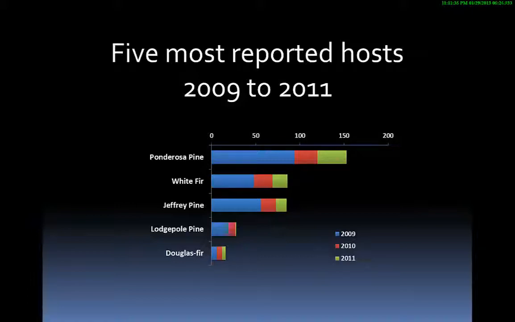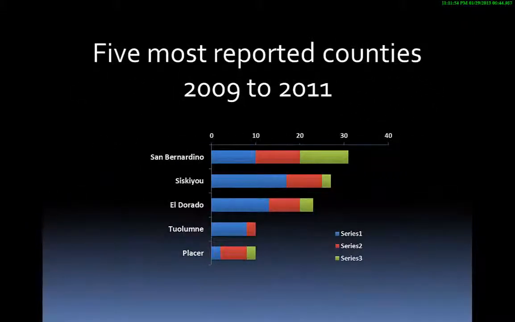Another similar example, but this time it's a summary of the 5 most reported hosts from 2009 to 2011. And one more example of simple application. Here is a summary of the 5 most reported counties.